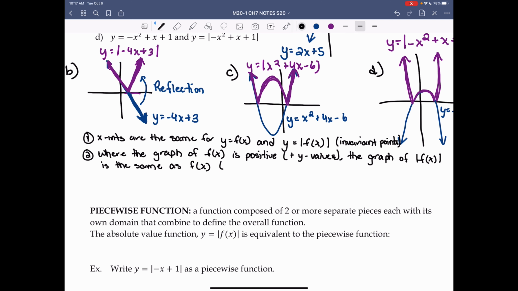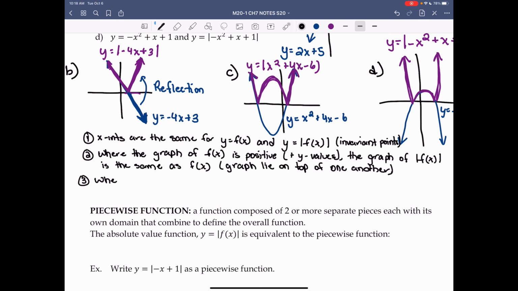Okay, so graphs lie on top of one another.